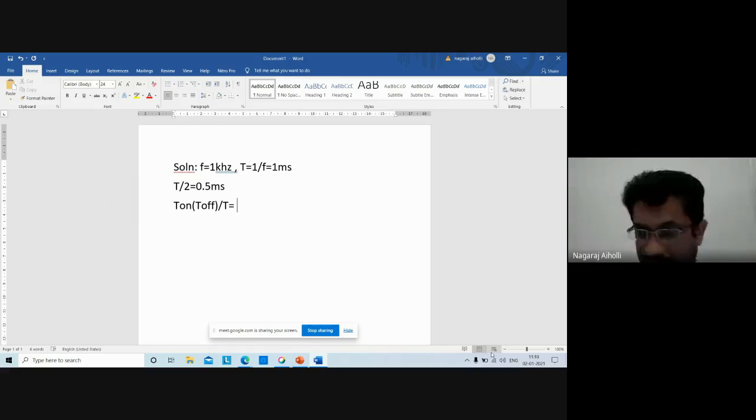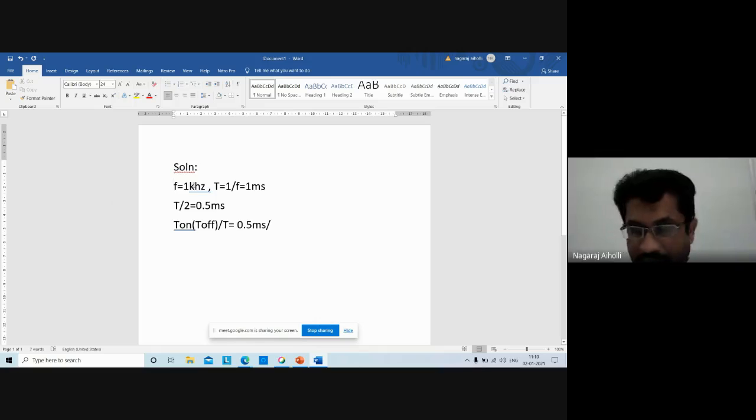Here the on period or off period is 0.5 millisecond. This is divided by the time period for 22 megahertz. How to calculate the time period? For 22 megahertz, divide 22 megahertz by 12. That gives the clock frequency.